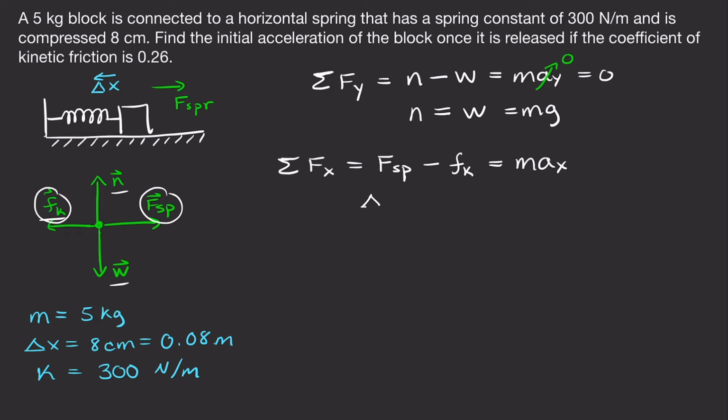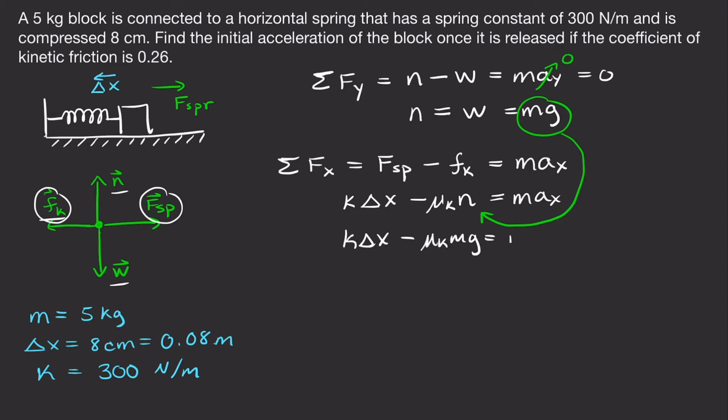And then if I plug in, this is going to be k delta x for my spring force minus mu_k times the normal force for friction, and this is going to equal mass times acceleration. And then I found the normal force in the previous step, so now I can substitute that in. So I get k delta x minus mu_k mg equals ma_x.